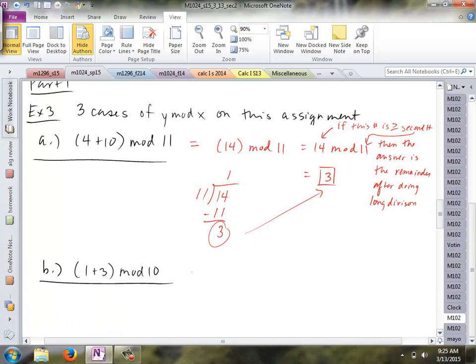This next one, what do we do first? Same thing we did first on the last one. So do parentheses first. You can just think of it that way. And what do you get out front? What's 1 plus 3? It's 4, right?